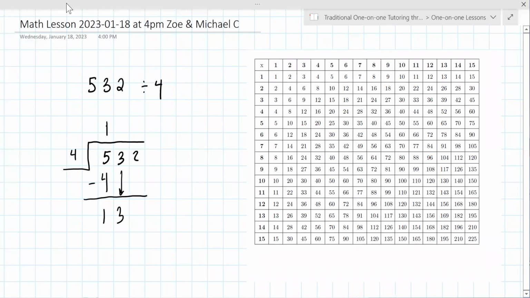How many times does 4 go into 13? 3 times. Okay, what is 3 times 4? 12. Subtract. Bring the 2 down. 12.